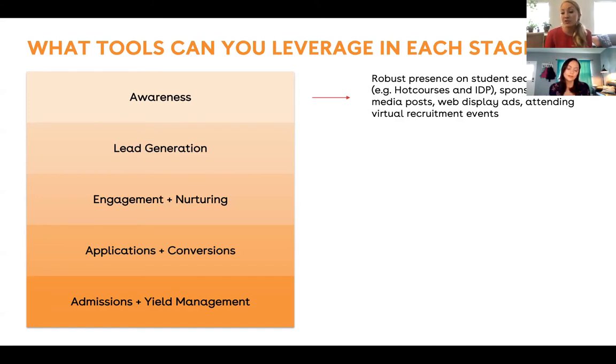So it's really critical that you have a robust presence there so that students can view your profile, shortlist their favorite institutions, and ultimately submit inquiries to your institution. You can also leverage sponsored social media posts and web display ads and attend virtual recruitment fairs to support student awareness at this stage and get your institution's content in front of students who might not have heard of you.